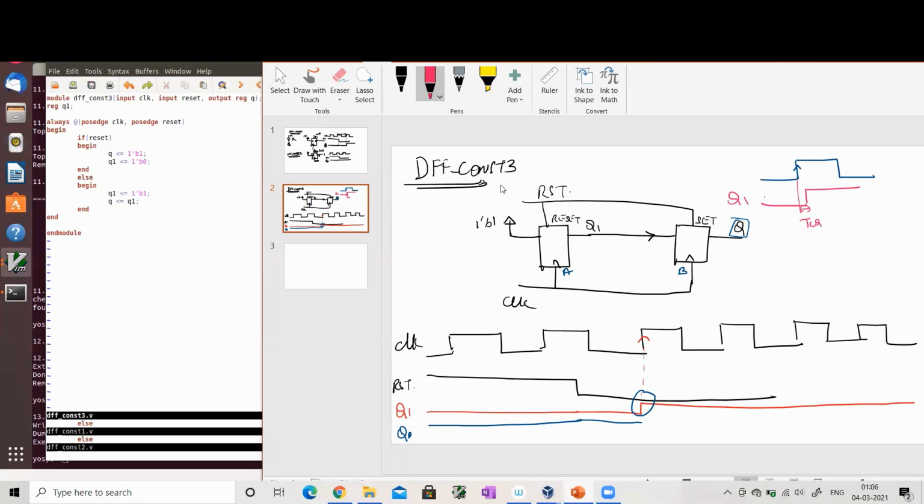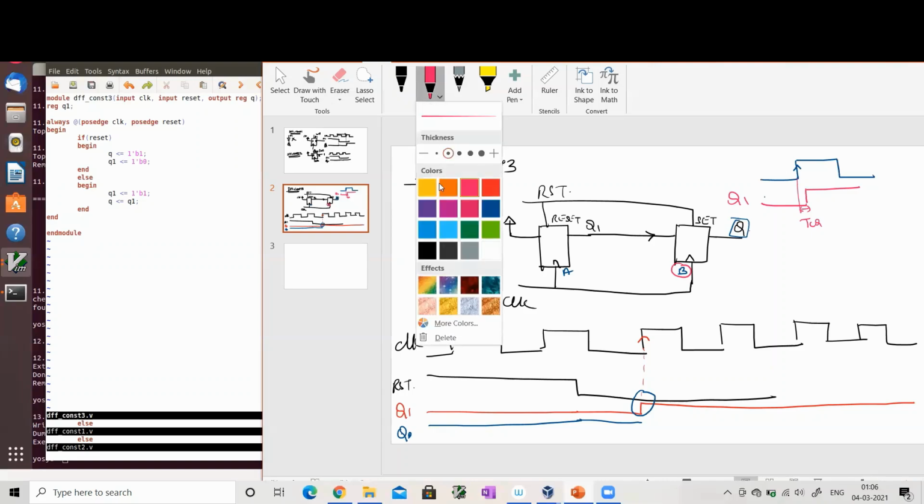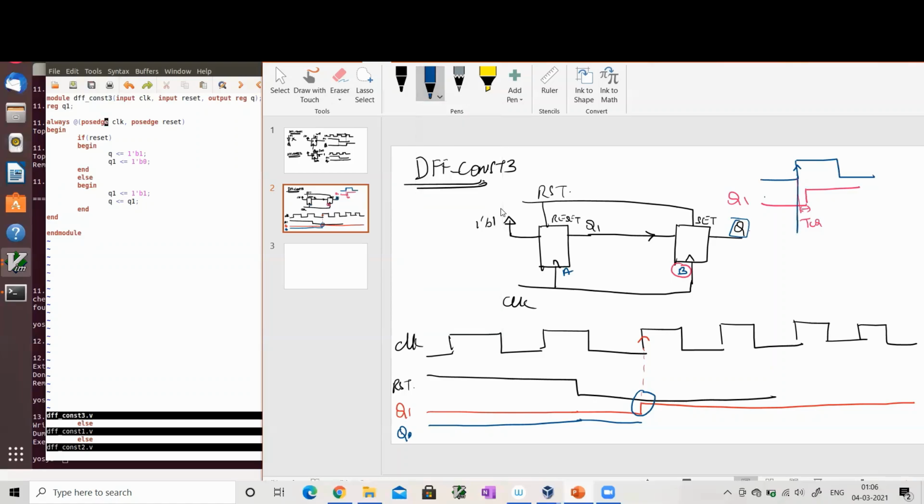So what value will be sampled by flop B? In this edge, flop B will sample the value of 0. And on the next edge, flop B will sample a value of 1.